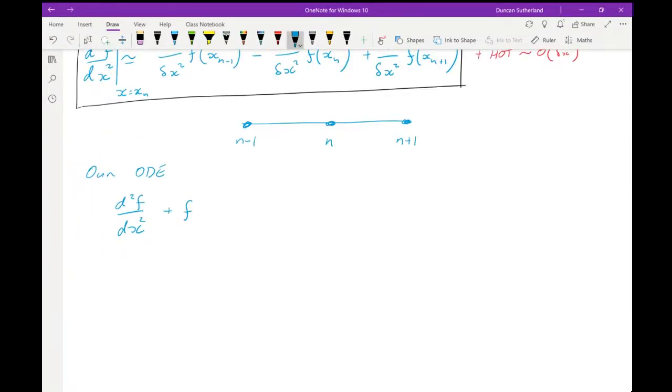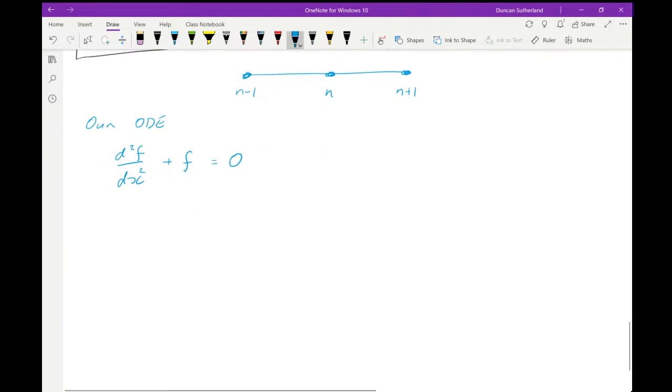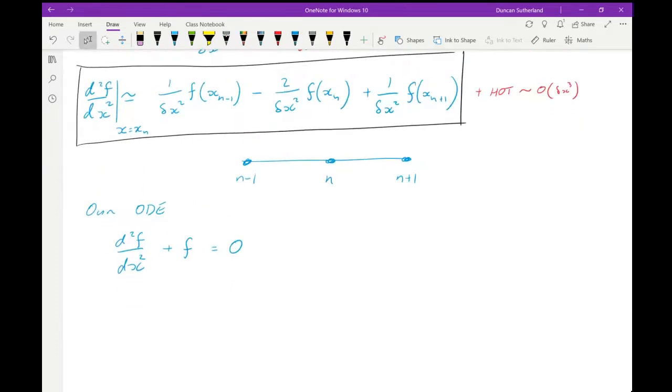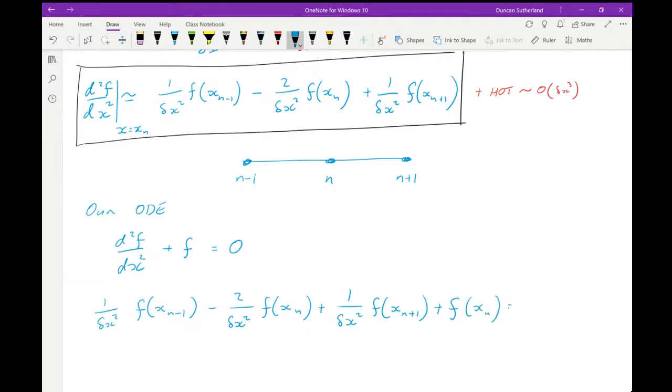So our ODE was this, right? And what we've done is we've reduced it to 1 over delta x squared plus... Right, that's our new approximate equation.